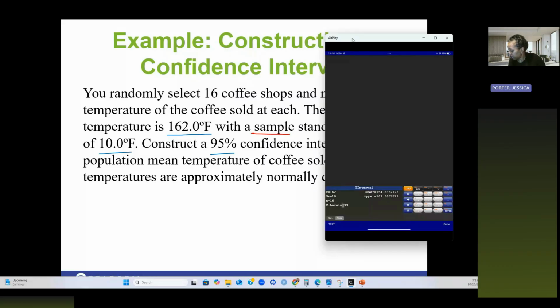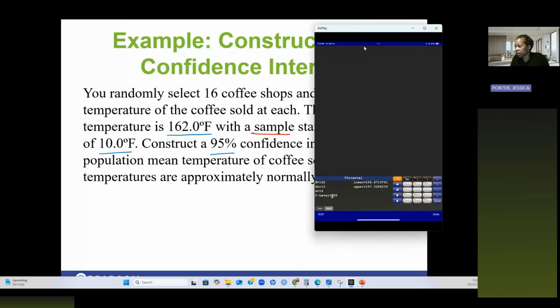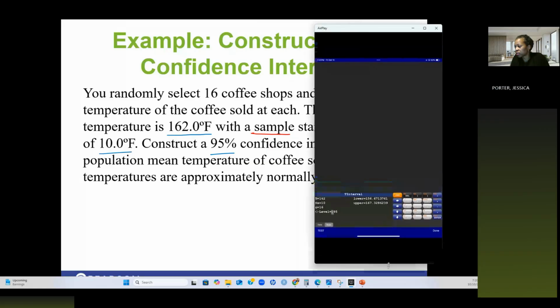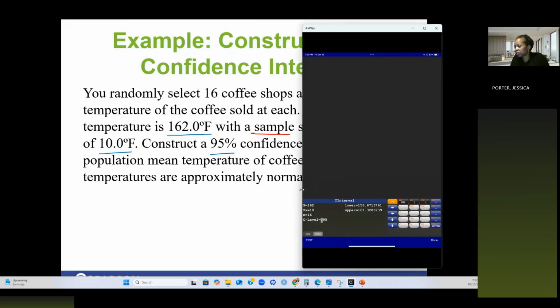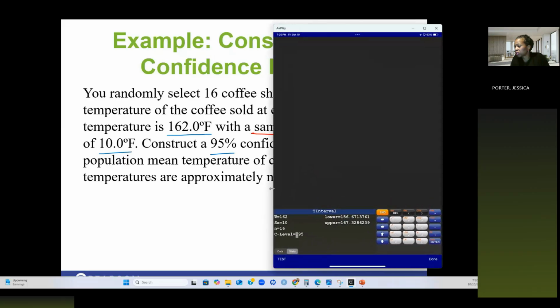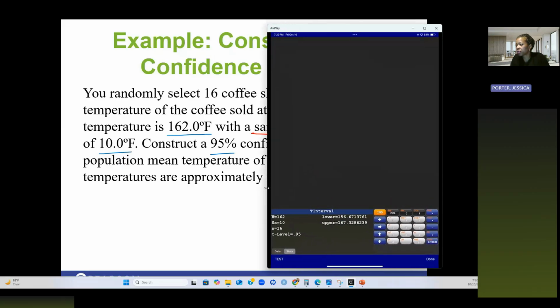And my level of confidence was 0.95. So that gives me the lower of 156.67 and the upper of 167.38. Sorry, I can't make this much bigger than that. Oh, maybe I can a little bit. There we go. So that's how it is on the calculator.